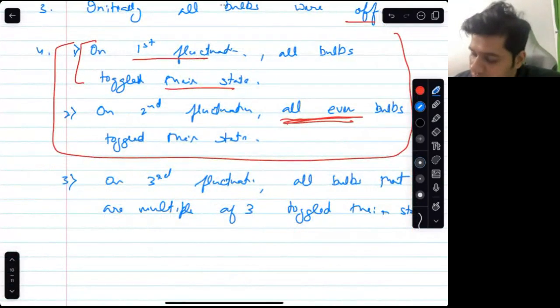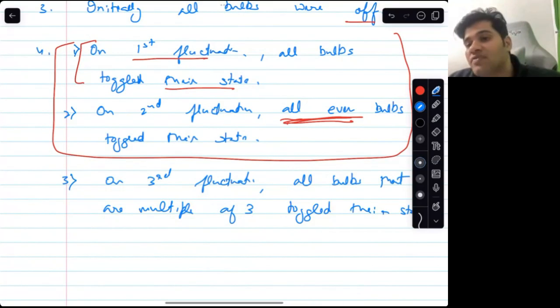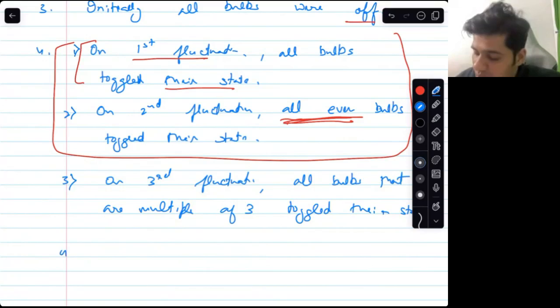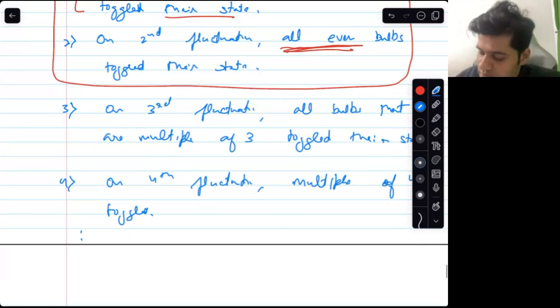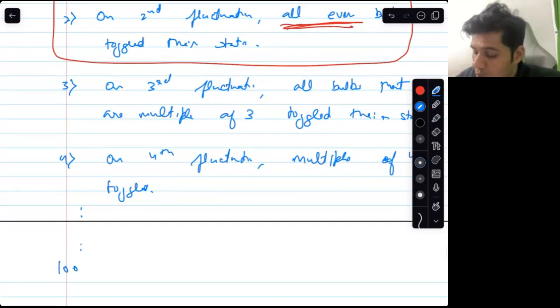On third fluctuation, all bulbs that are multiples of 3 toggled their state. On fourth fluctuation, multiples of 4 toggled, and so on and so forth. This happened 100 times. On 100th fluctuation, only the 100th bulb, the only multiple of 100, toggled its state.